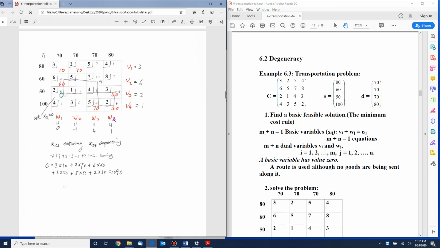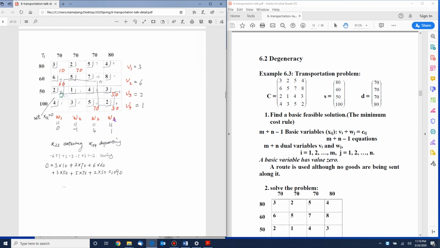Now you look at that 7 minus 5 greater than 0, that's 2. So this one we need to pay attention. 4 minus 4, 0, and 10 minus 7 equals 3, or greater than that the one in cell 1,3, right? So this one we want to pay attention.